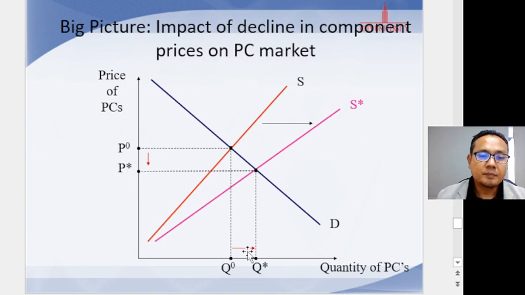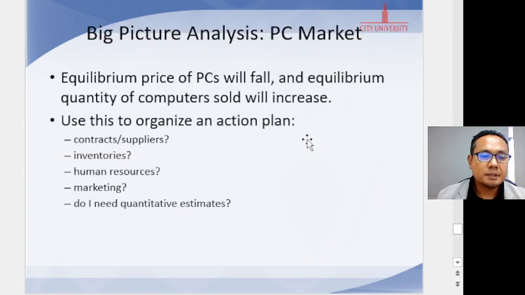The quantity demanded will increase, and the quantity supplied will be increased as well. So in the big picture analysis for the PC market, the equilibrium price of PCs will fall, and the equilibrium quantity of computers will increase.